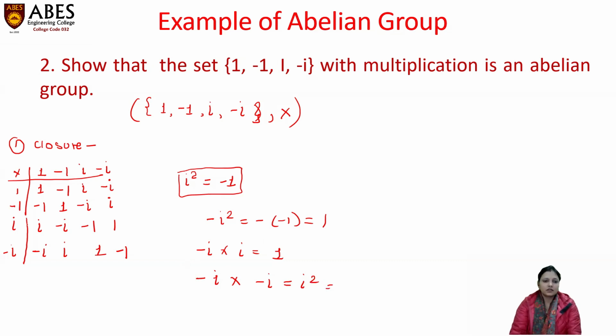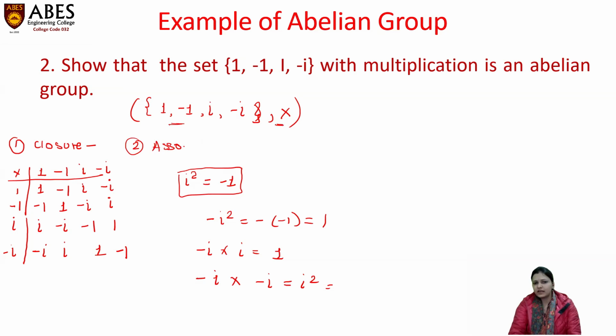So here we can check that if we perform multiplication between any two numbers of this set, as a result we are getting only elements which are in this set. So closure property is satisfied, and it is an algebraic structure. The second property is the associative property.